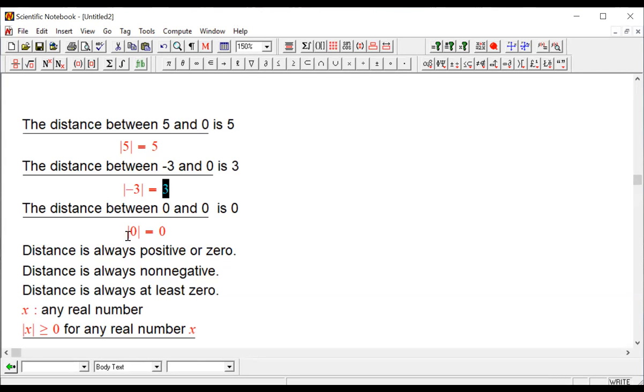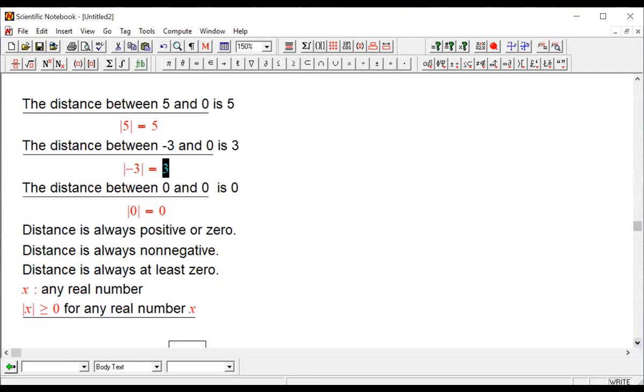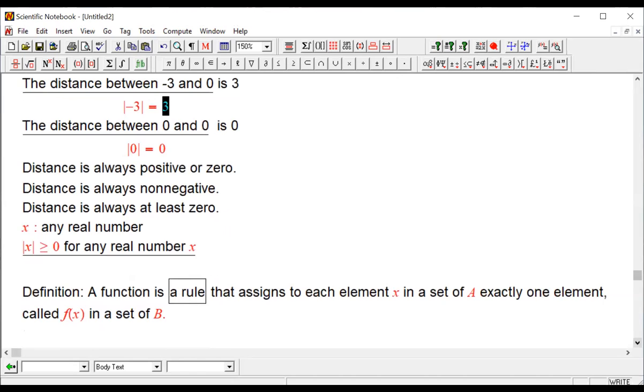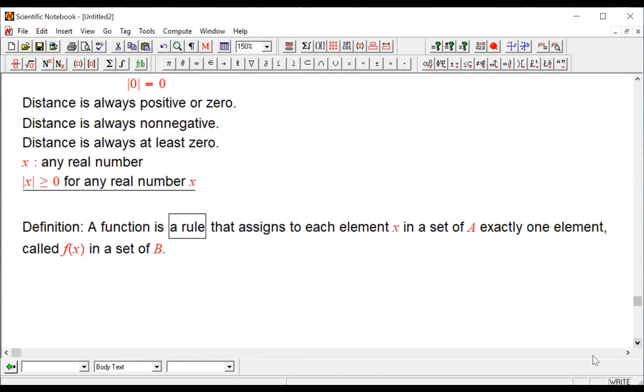The absolute value of 0 is 0, and the absolute value of any real number is at least 0. So using absolute value as a rule, we're going to create a function. This function is called the absolute value function, and it is defined as the absolute value of a number.